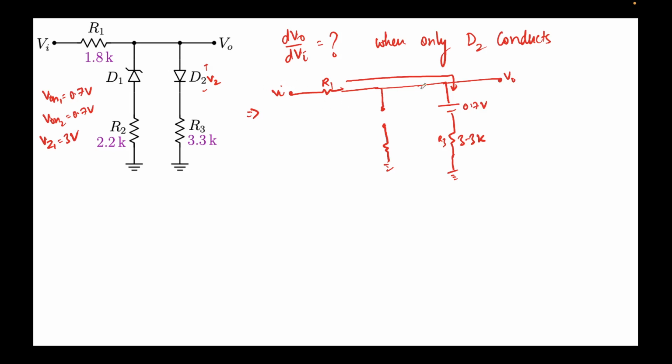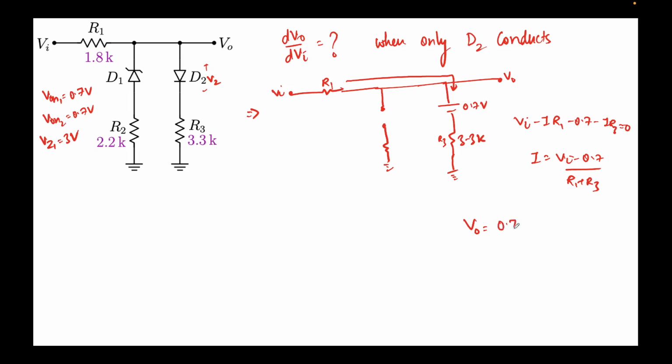It's a very simple problem. If I apply KVL in this loop, it will be Vi minus I R1 minus 0.7 minus I R3 equal to 0. I will come out to be I equals Vi minus 0.7 over R1 plus R3, and thus I can write V0 should be equal to I times R3, and then we add 0.7.